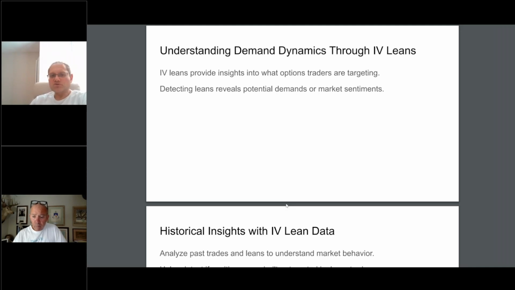And it could also reveal potential demands or market sentiments based on how those leans look across the board. Are you seeing some kind of pattern or strong demand, and it could even be along the horizontal or vertical curve that's influencing the skew. So that's another benefit, to understand why the markets are where they are.